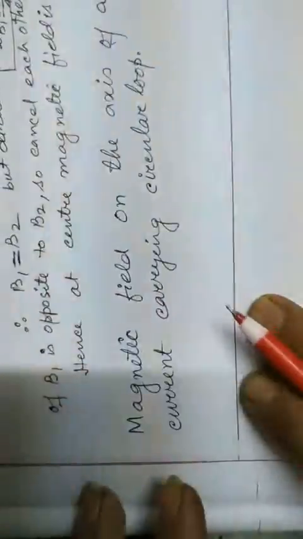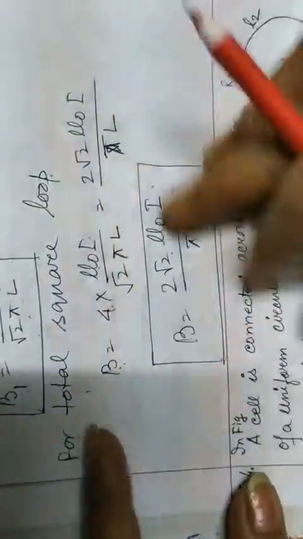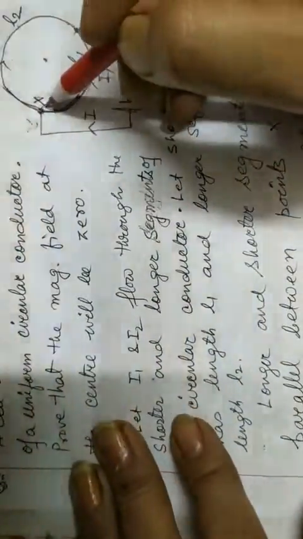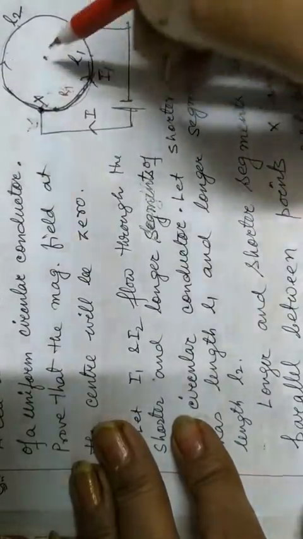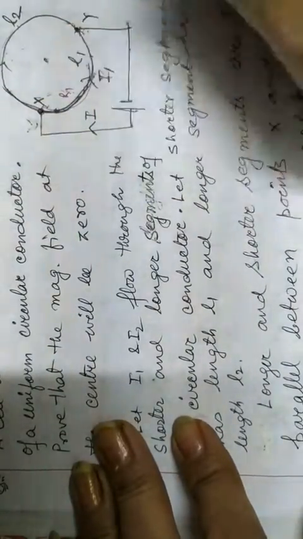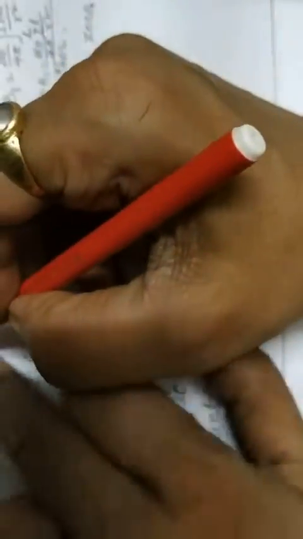Now suppose that for the longer segment the magnetic field at the center is B2, and for the shorter segment the magnetic field is B1. So B1 for the shorter segment will be mu 0 by 4 pi I1 L1 by R square.